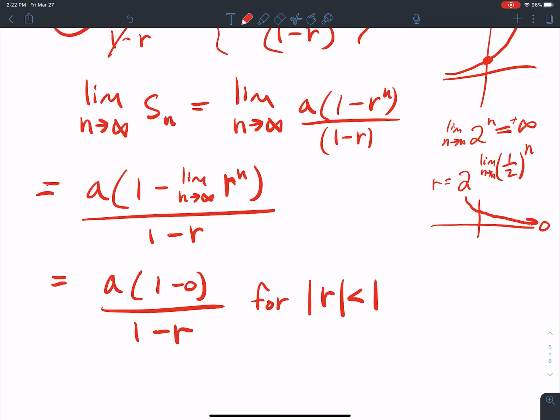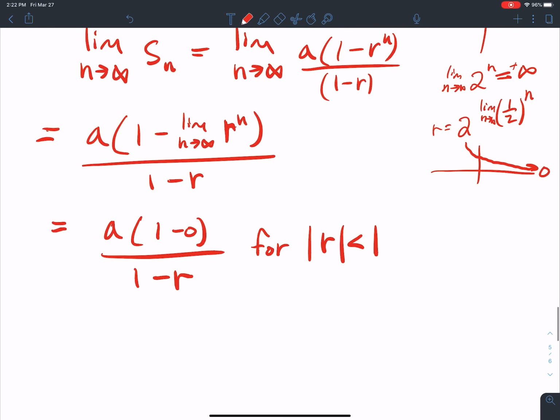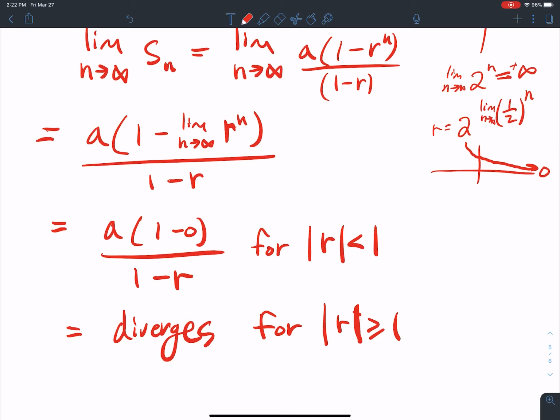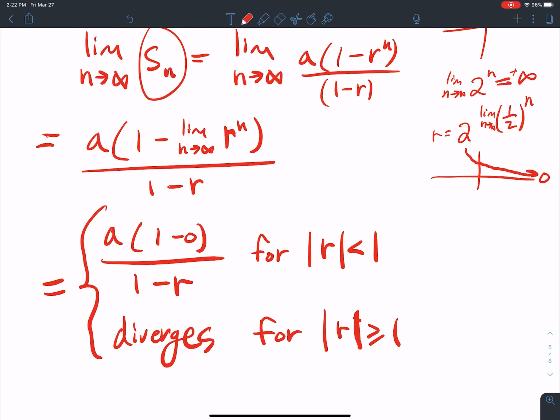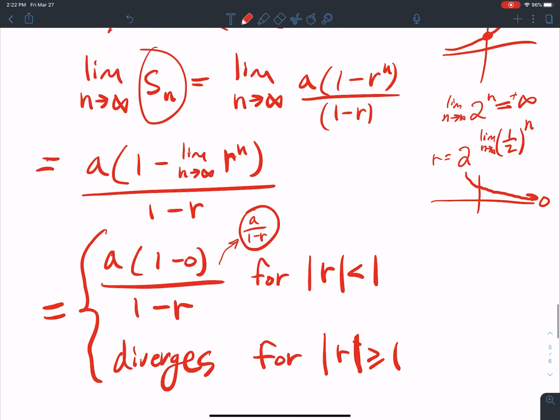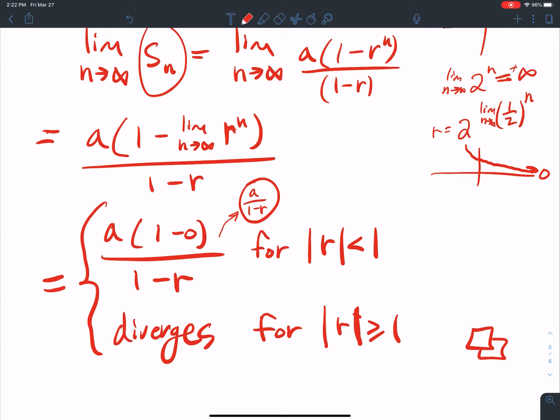However, if r in absolute value is greater than or equal to 1, then the partial sum, when I take the limit as n goes to infinity, diverges. So those are the two possible answers there. This simplifies to a over 1 minus r, which is what we were trying to prove. And that concludes my proof.